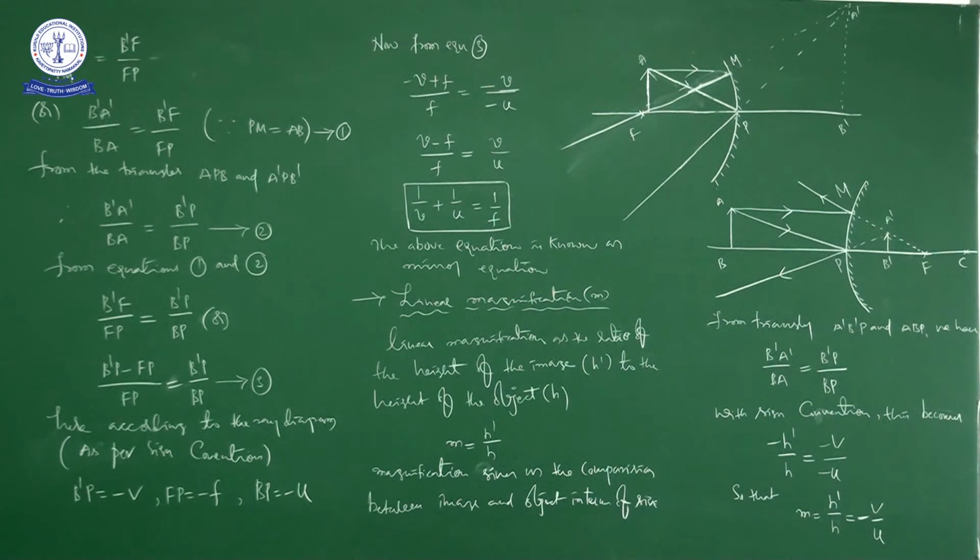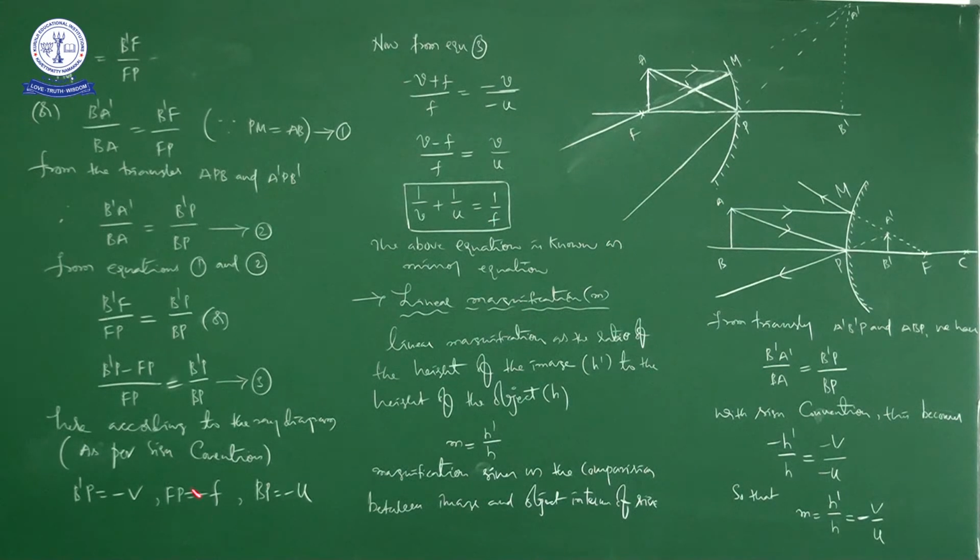So measuring from here to here is opposite to the direction of the incident ray, so it is negative. So B'P is equal to minus V. Similarly, FP is minus F, and BP is equal to minus U, right?